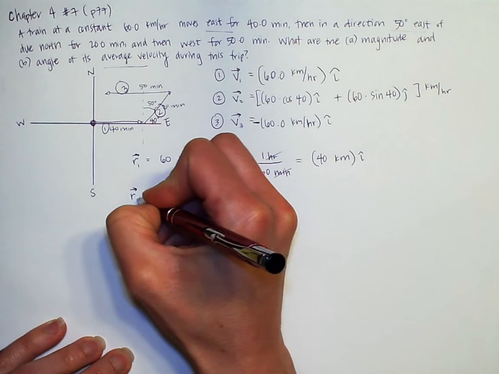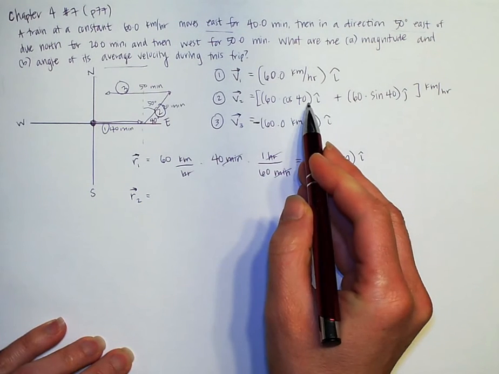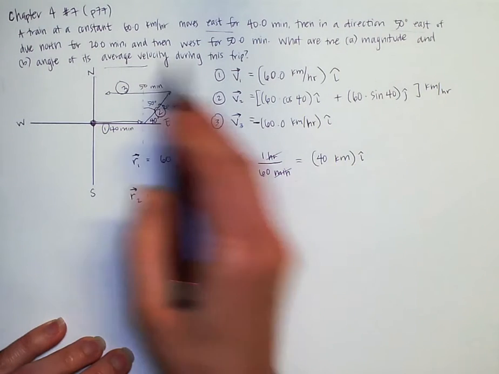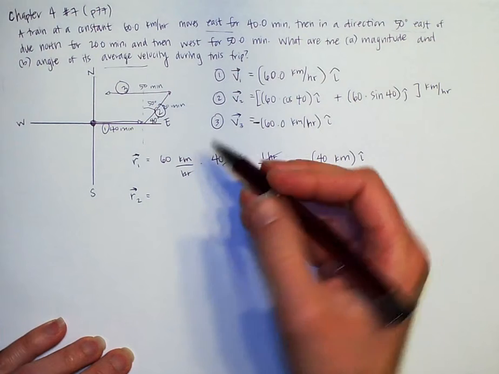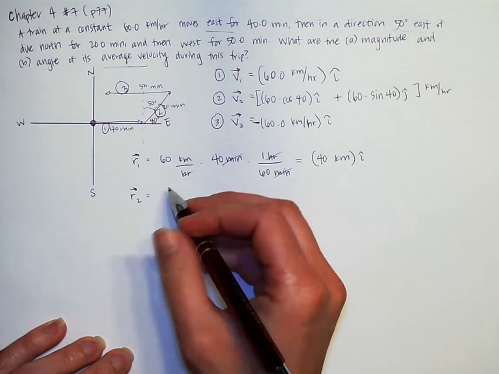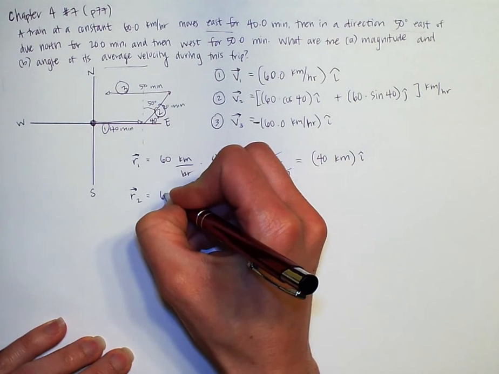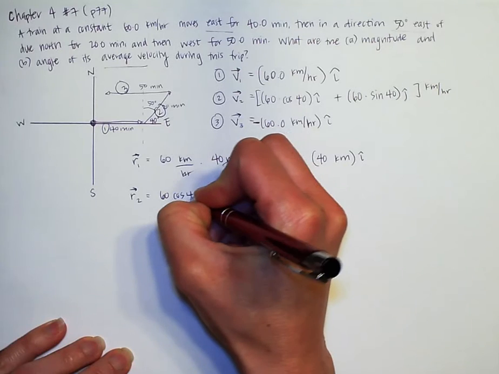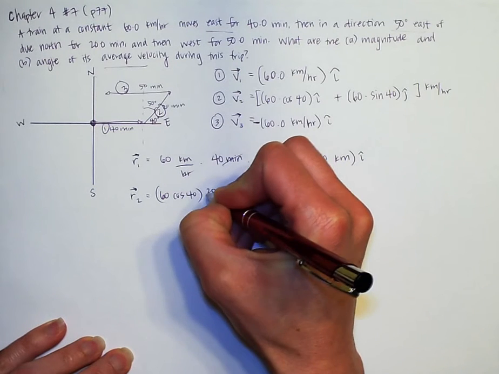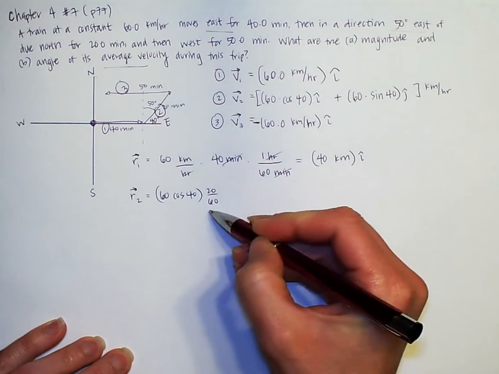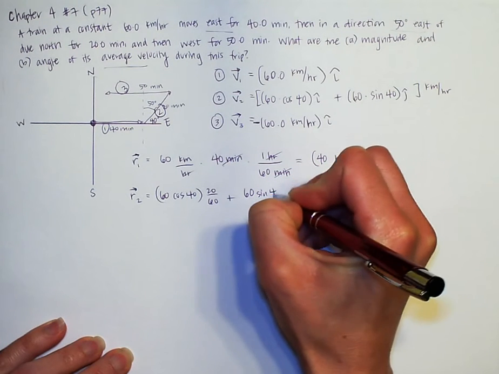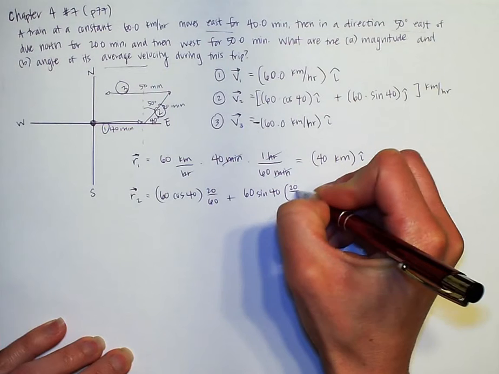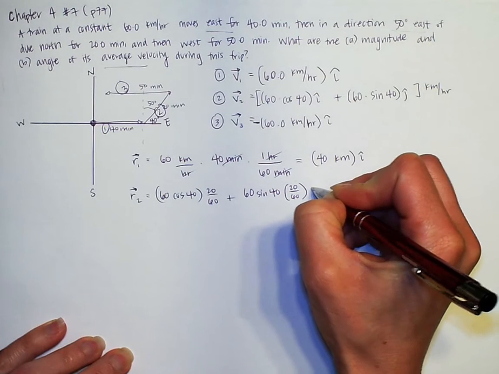So then position vector 2, we're going to take our velocities and then just multiply it by our 20 minutes. And so, of course, we'll do 20 over 60 so that we're using our hour units. So we have 60 cosine 40 times 20 over 60 for our time, plus 60 sine 40, again, times 20 over 60 for our time.